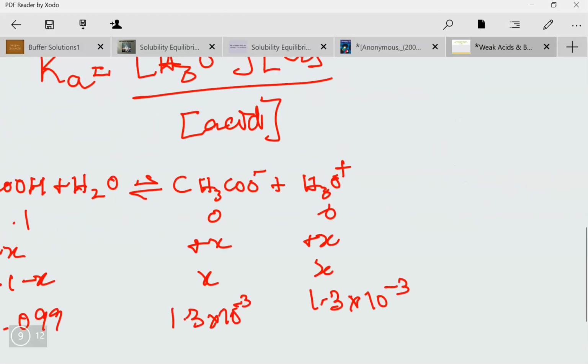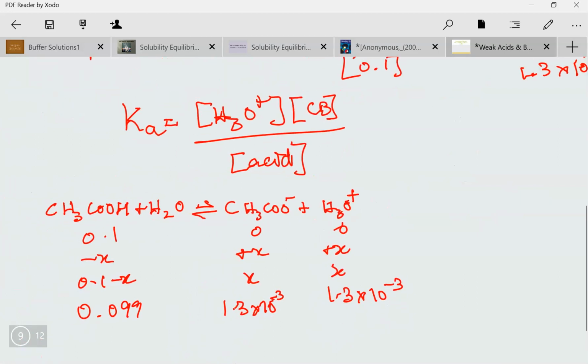Right, and now I can do basically what I said here. So instead of conjugate base and just acid, I'm going to write what my conjugate base is and what my acid is.